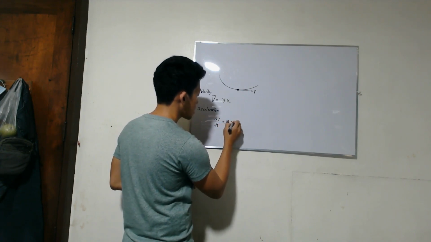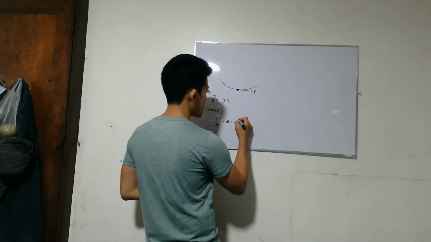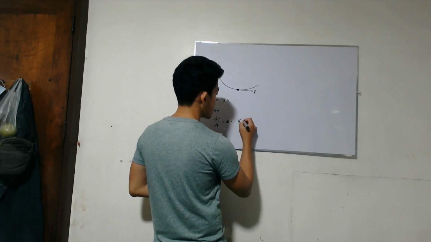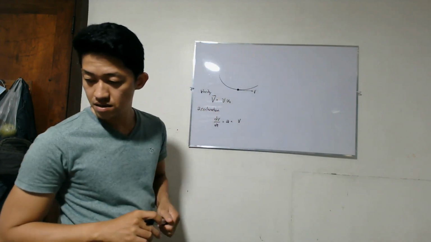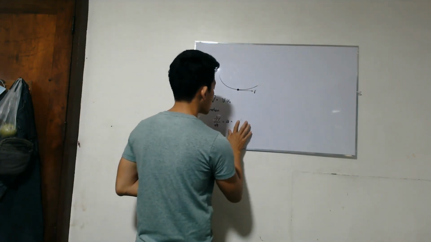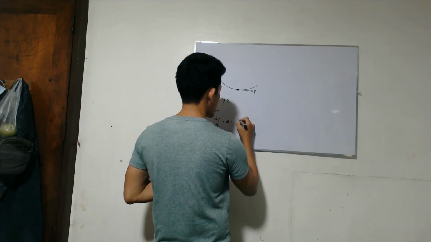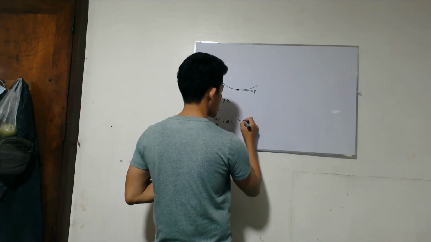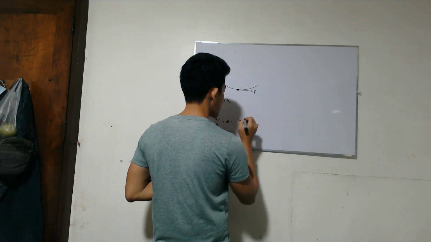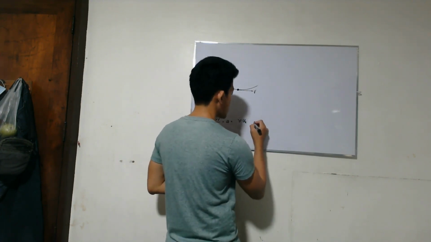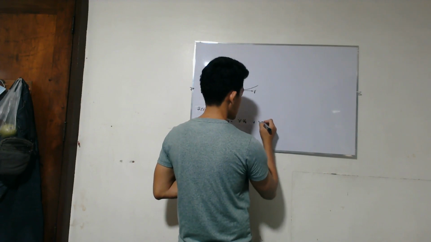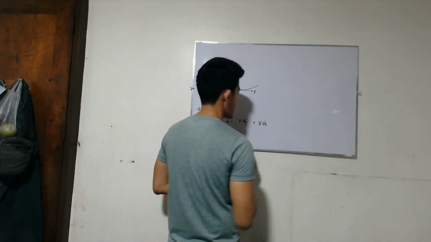So this becomes the derivative of the first times u sub t plus the first times the derivative of the second.